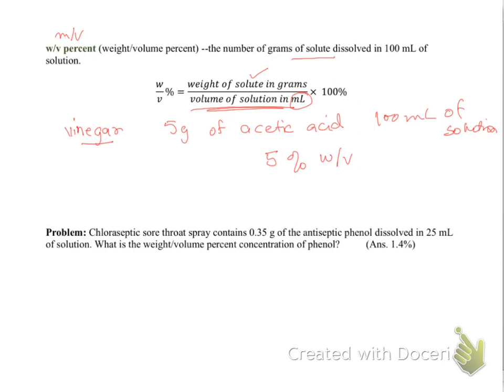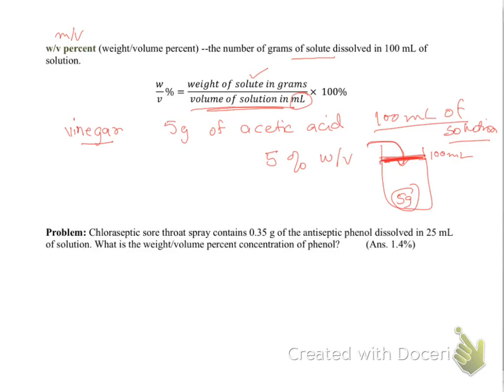Why I'm not saying 100 milliliter of water? So what we do, you take a graduated cylinder, you add 5 grams of acetic acid in it, and let's say this is a 100 ml graduated cylinder, and you keep putting the water until it touches the 100 ml mark. So that we call it as 100 milliliter solution. And of course, this 5 grams of acetic acid will be dissolved.